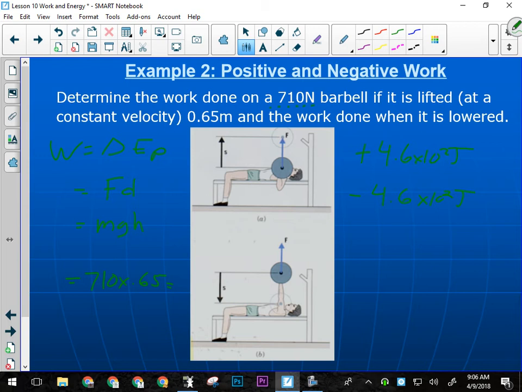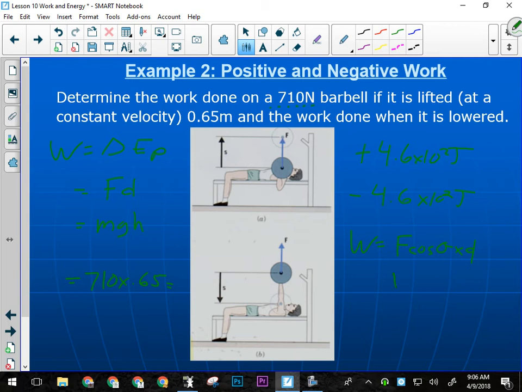Yeah. Okay, so if I look at the formula here, work is F times the cos of theta times D. When I'm lifting the barbell, the angle is 0. The force and the direction the barbell moves are the same direction. They're both up. But when I lower it, the force exerted is up, and the direction is 180 degrees to that, because it's going backwards.